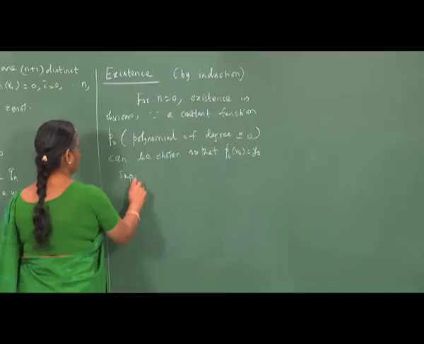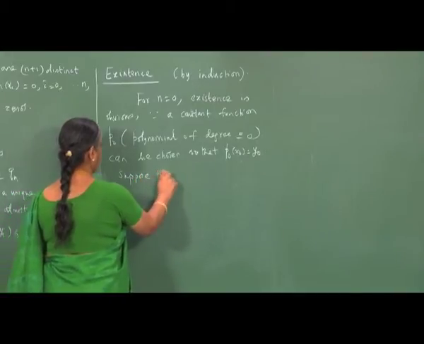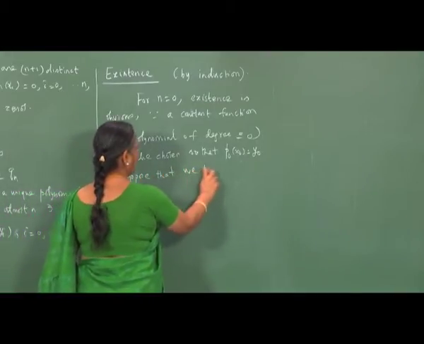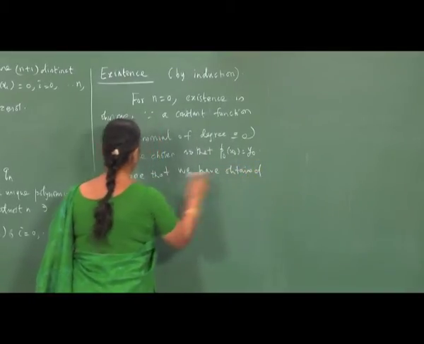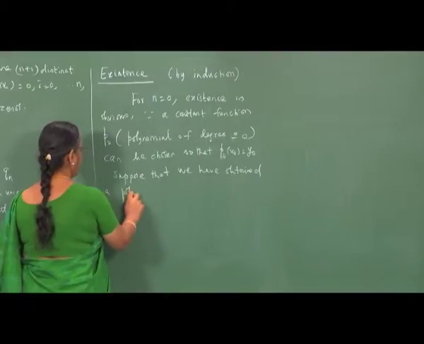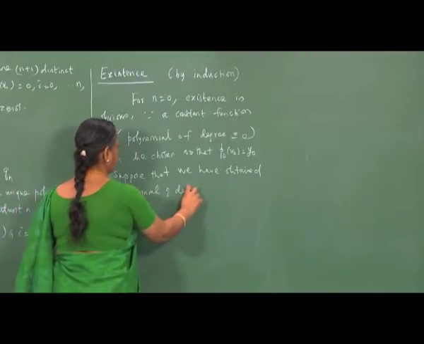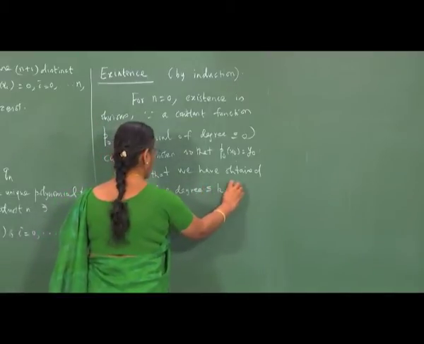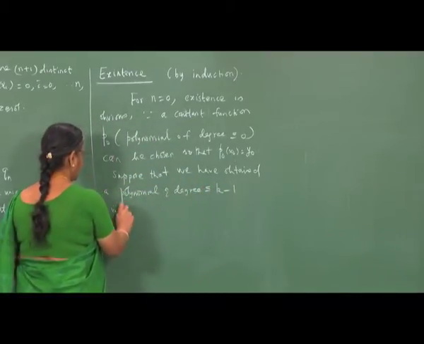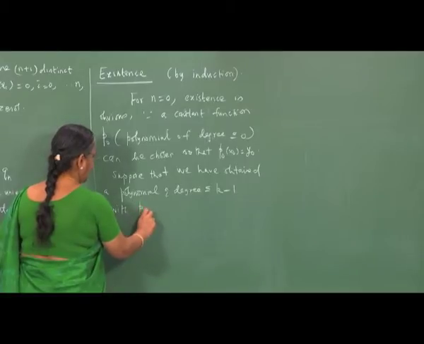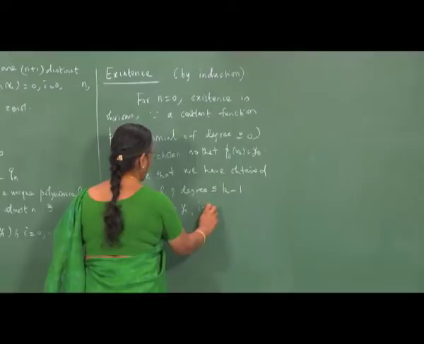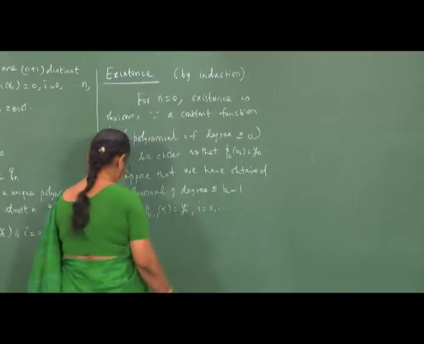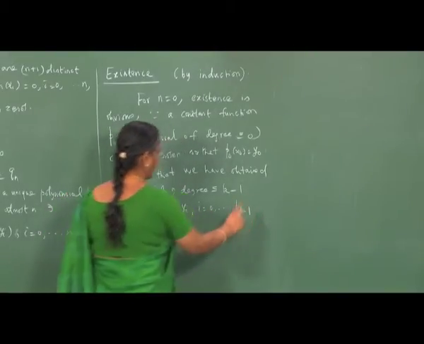Suppose that we have obtained a polynomial of degree less than or equal to k minus 1 with pk minus 1 of xi equal to yi for i equal to 0, 1, 2, 3 up to k minus 1.